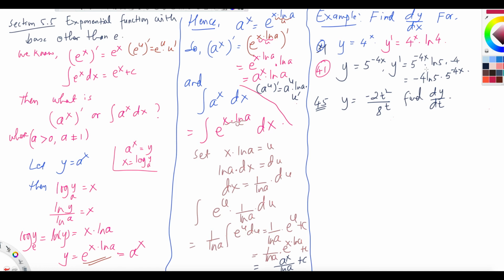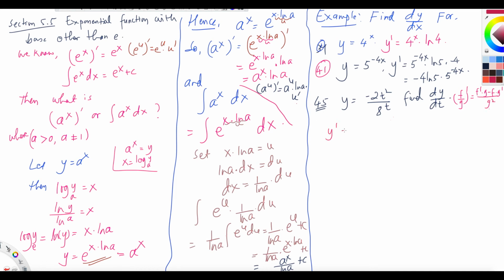Okay, so to find the derivative of negative 2t squared over 8 to the t, we need to use the quotient rule. So what is the quotient rule? What is the derivative of f over g? It is f prime times g minus f times g prime, over g squared, right? Let us do that.